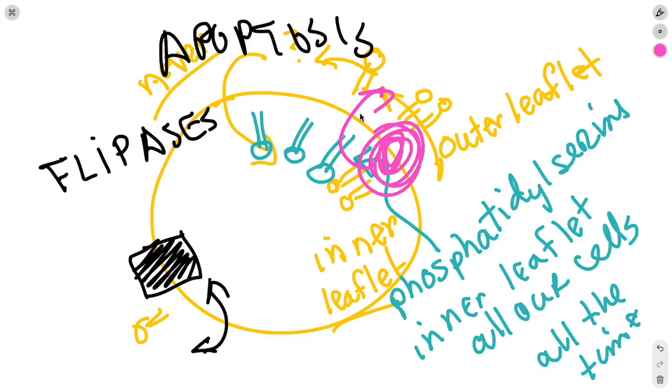The signal is, I see phosphatidylserine on your surface, you're dying, I'm going to eat you. I don't care if you're in the process of dying or dead, you're just out of here, right? So on our list, one thing that happens on the apoptotic pathway is to flip the phosphatidylserine, just flip some of the molecules to the outer leaflet, and that's a signal. That cell just doesn't stand a chance.